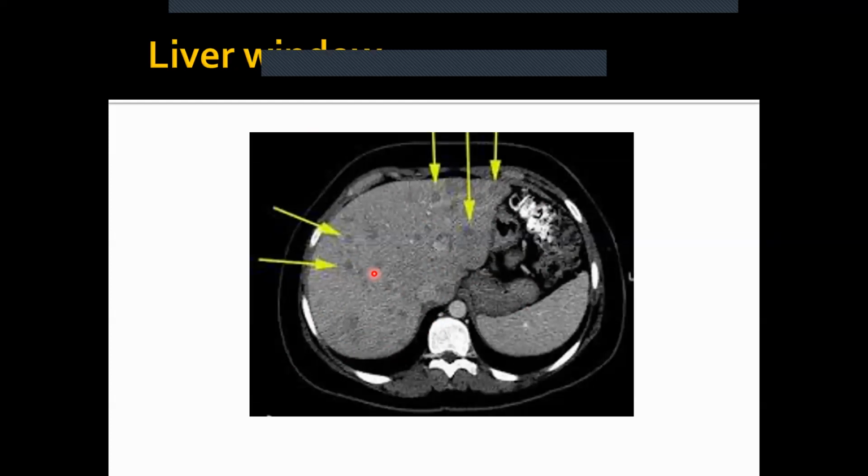So stuff like fat, stuff like the parenchyma, the collagen, the parenchyma of the liver. And because of that, you can see all of these small structures in the liver, which are most likely cysts, or it could be the structure of the bile tree, but that's not important. The main thing is that the liver window will focus the image on the liver.